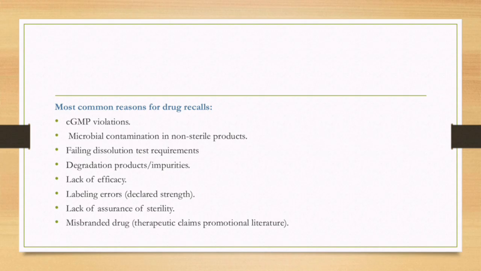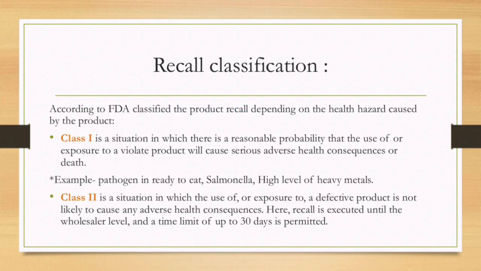Most common reasons for the drug recall: CGMP violations, microbial contamination in the non sterile product, failing dissolution test requirement, degradation product or impurities, lack of efficacy, labeling error, lack of assurance of the sterility, misbranded drugs.